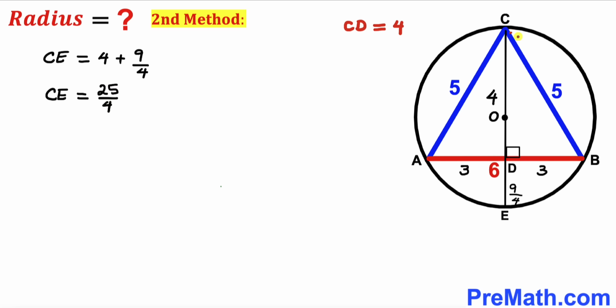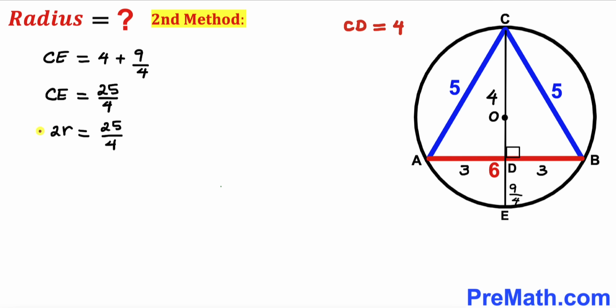Now let's make an observation. We know that this whole CE length is the diameter, and diameter is the same as 2 times radius r. So I'm going to replace this CE with 2 times r. So 2 times r equals 25 divided by 4.